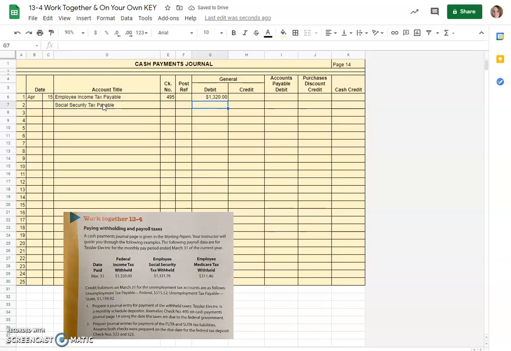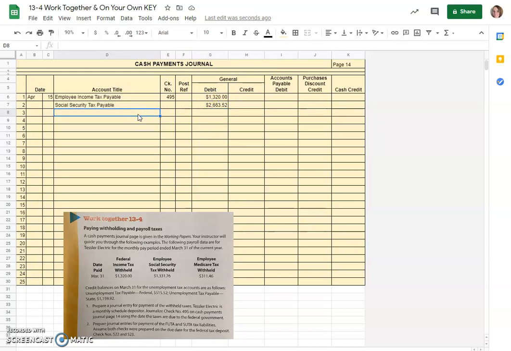And this one's a little trickier. We had to know that both the employee and the employer have to put in the same amount. So whatever the employee had, the employer had to as well. So $1,331.76, and you're going to take that number times 2. So $2,663.52.